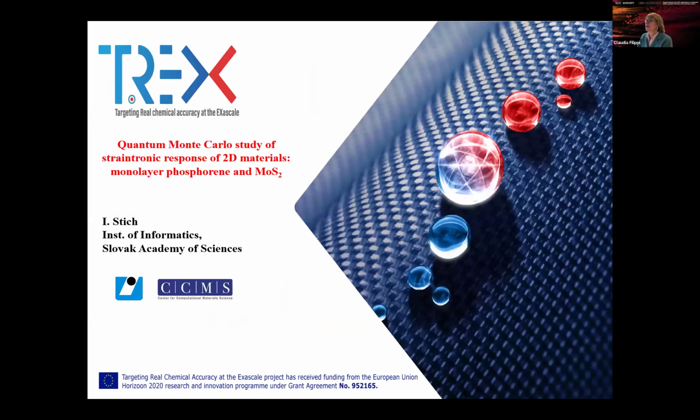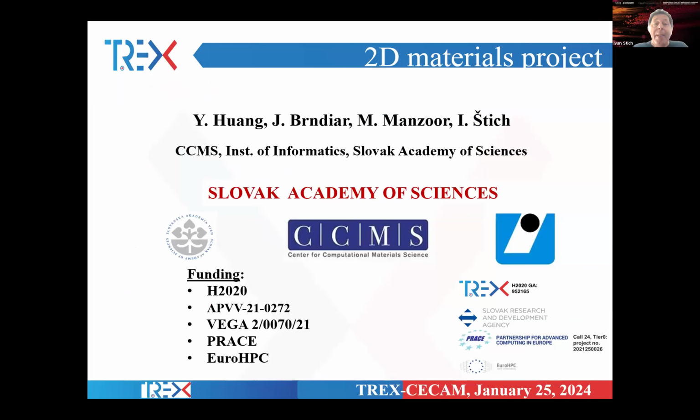Okay, so good morning, everybody. Let me start by thanking the organizers for inviting me to give this presentation in this webinar. As already said, I will be talking about QMC calculations on 2D materials, and I will specifically be discussing the application of external strain onto two different 2D monolayer systems, namely phosphorene and molybdenum disulfide.